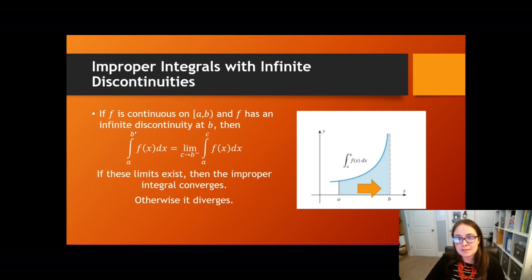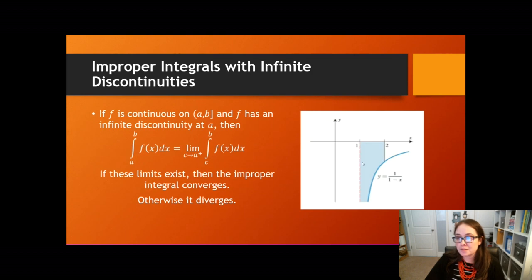And I've replaced the x value that is discontinuous with some new made-up variable that's not being used in the problem. And I take the limit as that variable approaches b from the left. So that's if it's on the right side of your interval. And again, just like before, if the limit that I get from evaluating this exists, then it converges. Otherwise, it diverges.